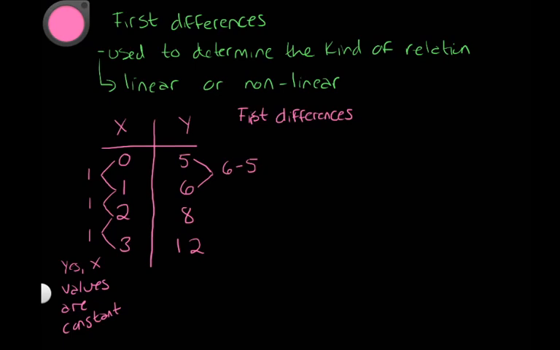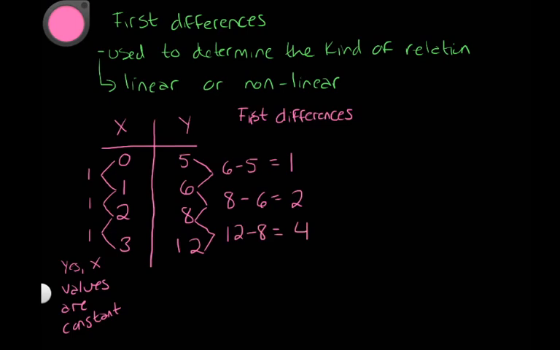That's how we're going to determine the difference. So 6 minus 5 is 1. Now I'm going to look at the next set. 8 minus 6 is 2. Well, I already know now that it's not linear, but we'll do the rest of it. 12 minus 8 is 4.